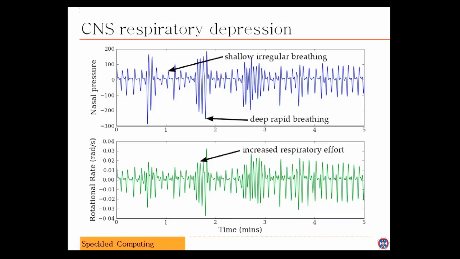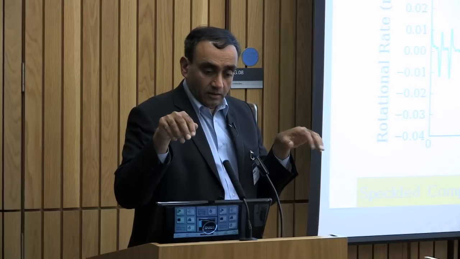This work was done in the Royal Infirmary by monitoring the breathing of patients after a major operation where they've been given an opioid, which means that one of the side effects is that it depresses the breathing. This is what is known as central nervous system depression.